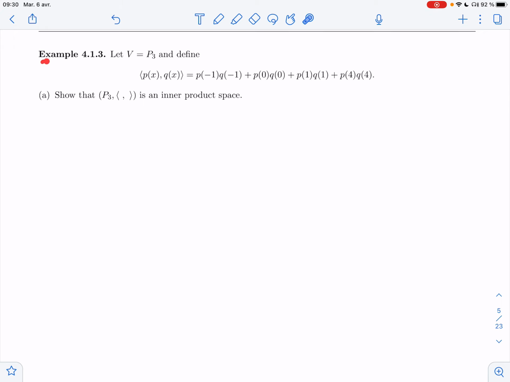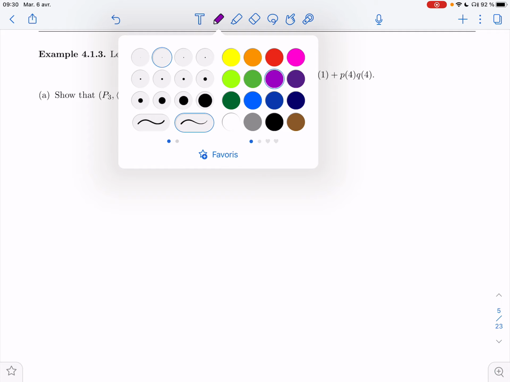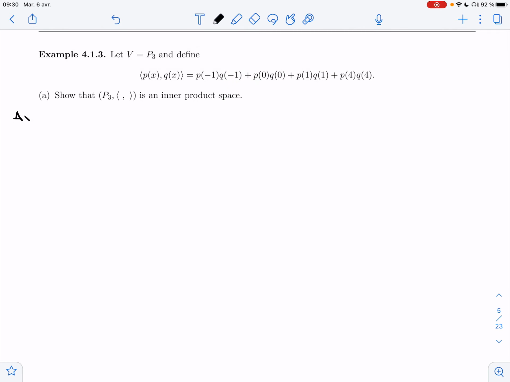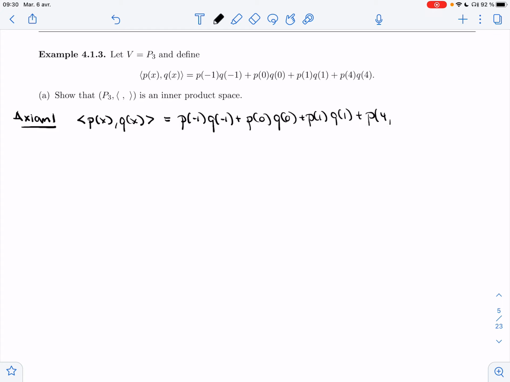All right, so let's look at example 4.1.3. I'm going to first show that it's an inner product. So I need to look at the 4 axioms and prove them. First I'm going to look at P of x, Q of x, and I want to compare it to the opposite. So this is P(-1)Q(-1), plus P(0)Q(0), plus P(1)Q(1), plus P(4)Q(4).